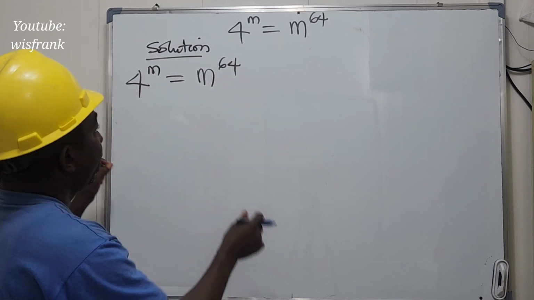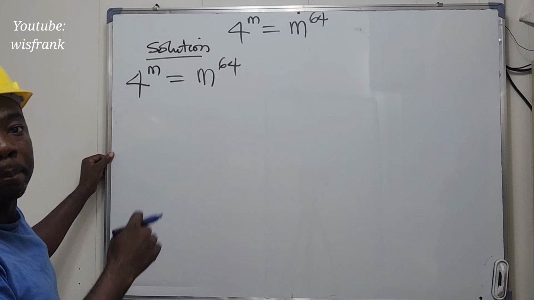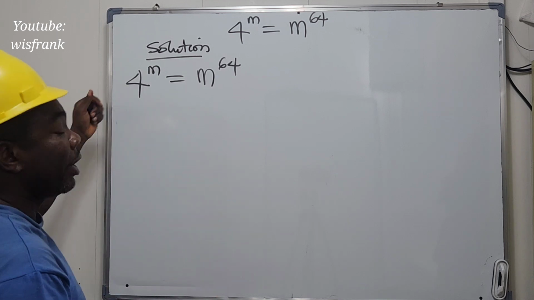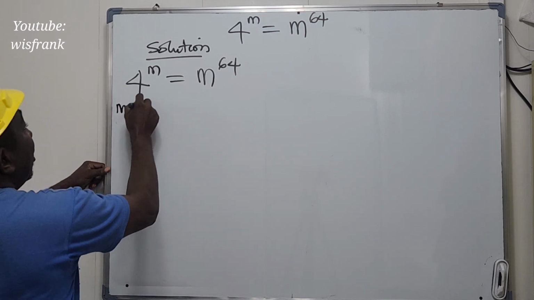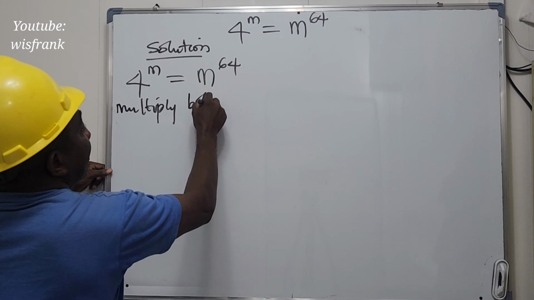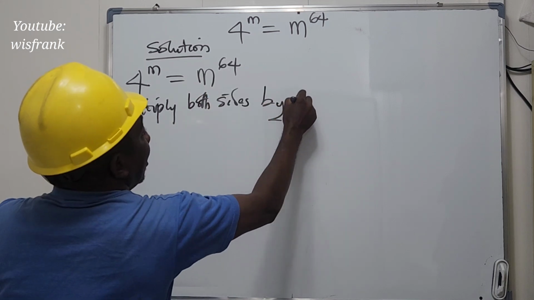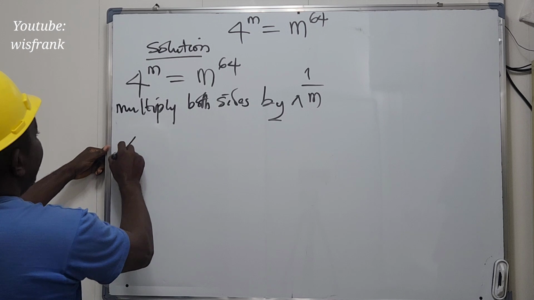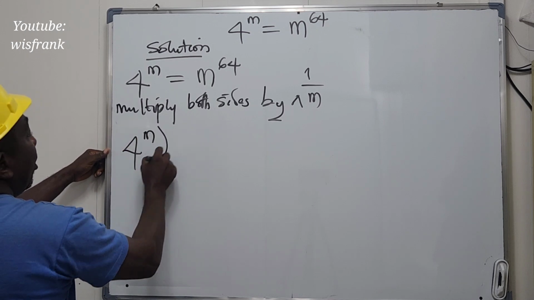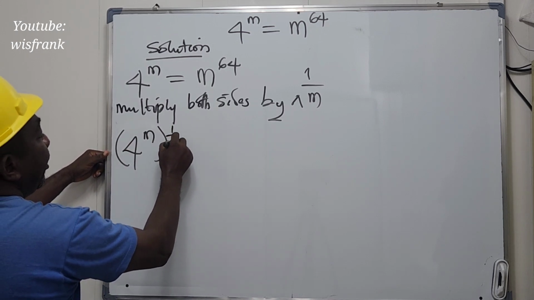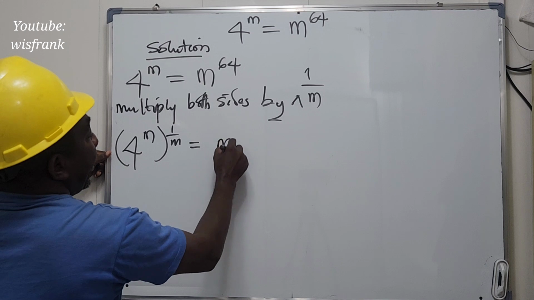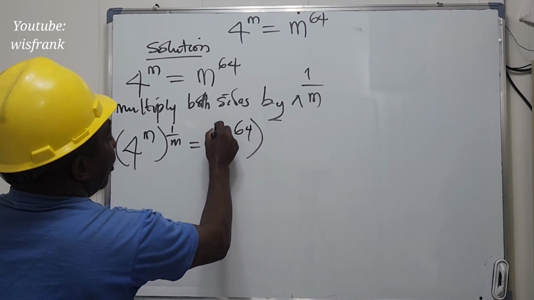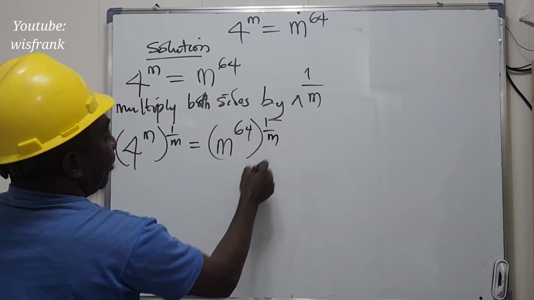So what we are going to do is multiply both sides by a power of 1 over m. So we'll say multiply both sides by the power of 1 over m. So this will become 4 to the power of m, all to the power of 1 over m, equals m to the power of 64, all to the power of 1 over m.